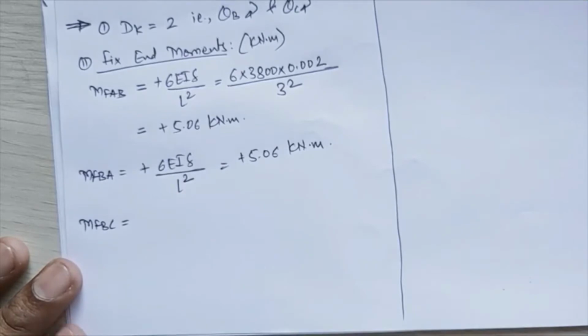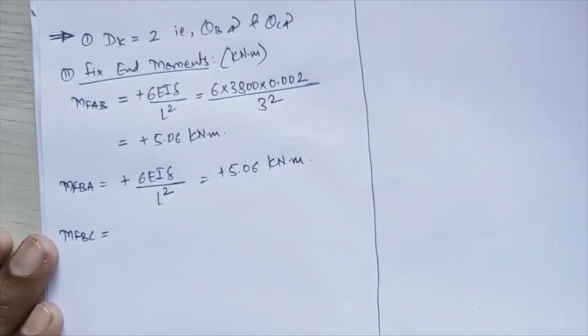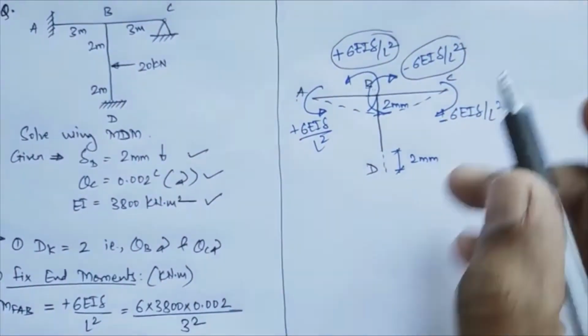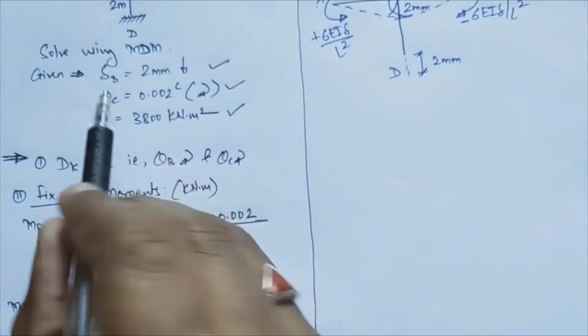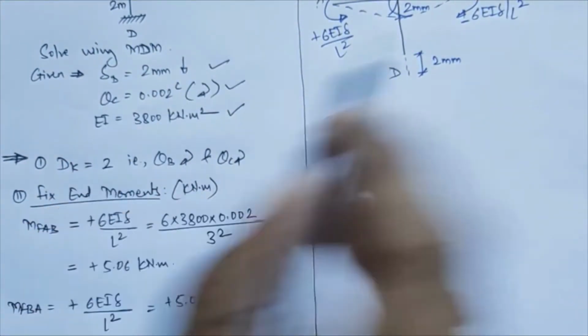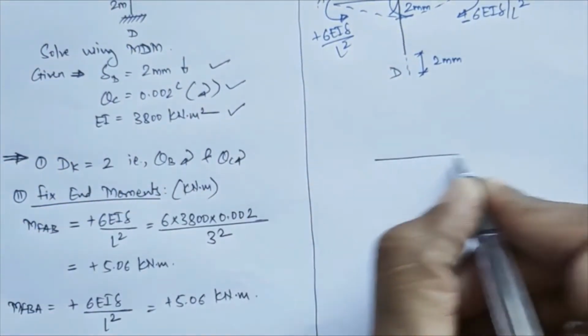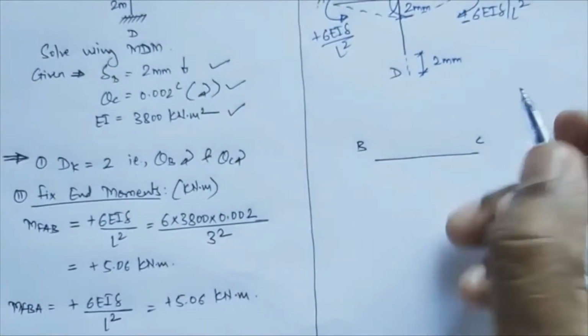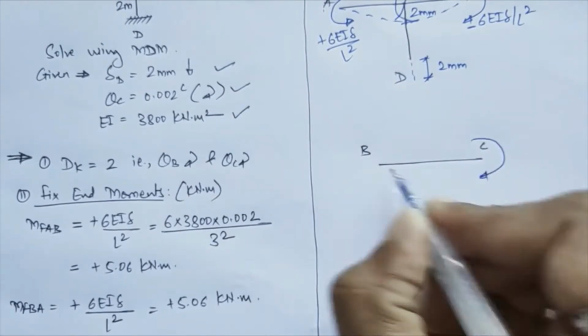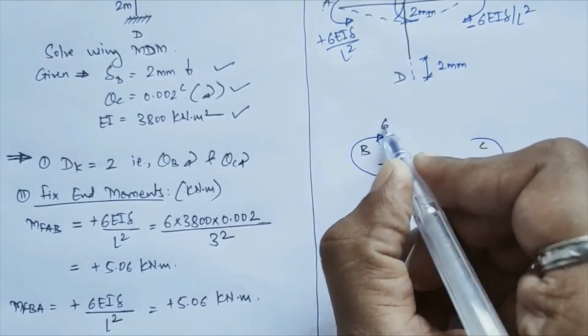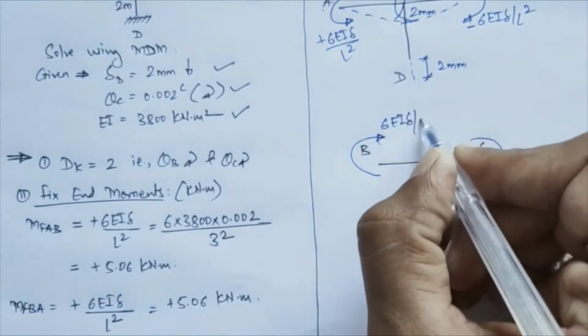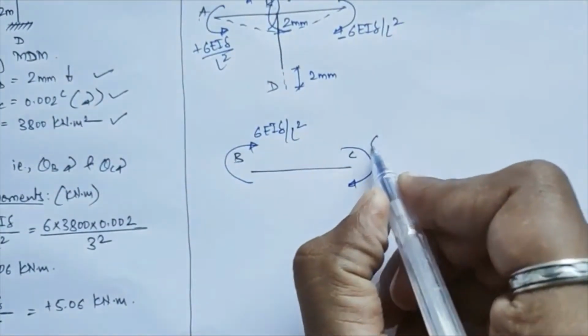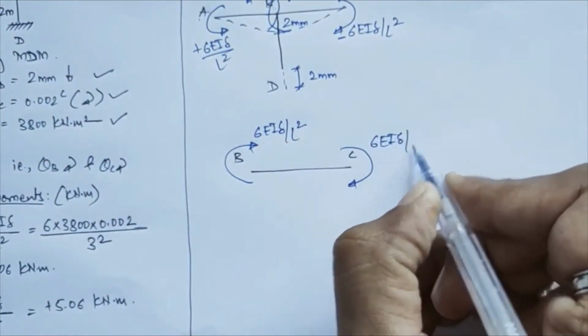MFBC. Okay, for MFBC, if you see, for this BC member, one additional rotation is provided to you. I'll separate this member BC over here. In that, I've got these two translations, 6EI delta upon L square, and again here I am getting 6EI delta upon L square.